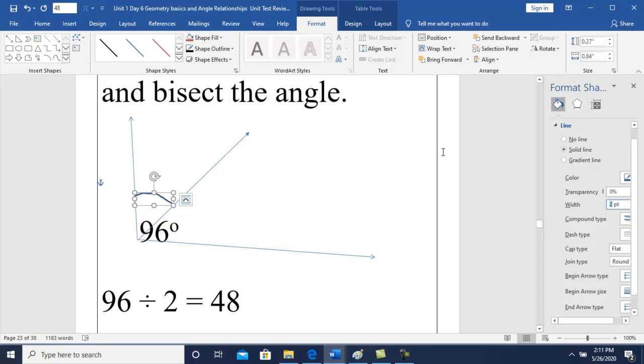Let's change the color. Okay, there's one arc, and do the same for the second.